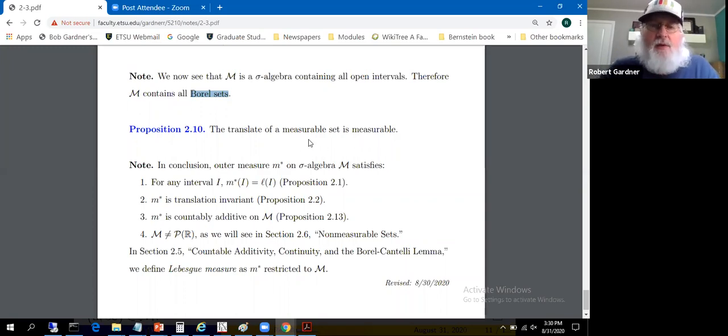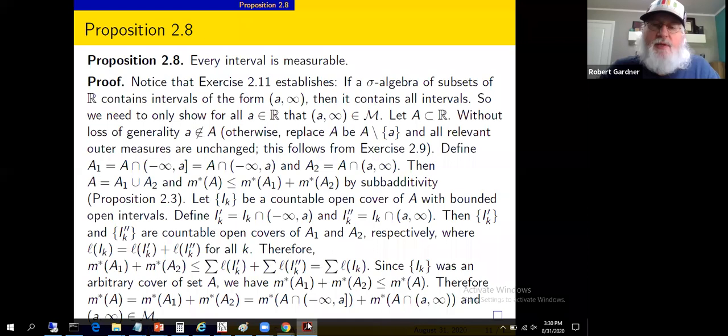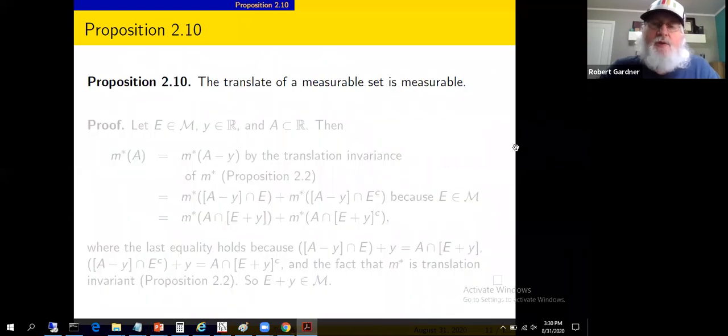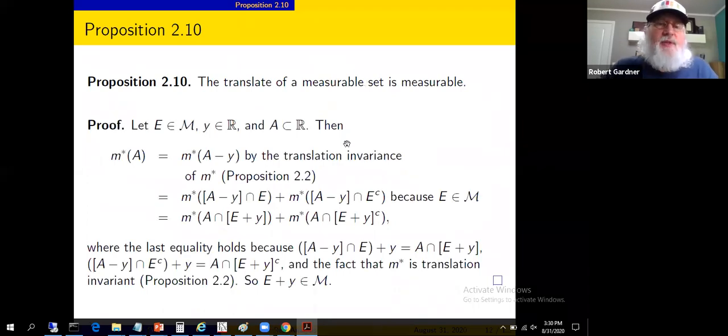Now, it isn't a surprise that that occurs, but let's run through the proof. To complete this section, the translate of a measurable set is measurable. So start with E, a measurable set, y, a real number, and A, an arbitrary set of real numbers. Then we have the following. We know the outer measure of A is the outer measure of A minus y. That's the translation invariance of outer measure. So no problem there.